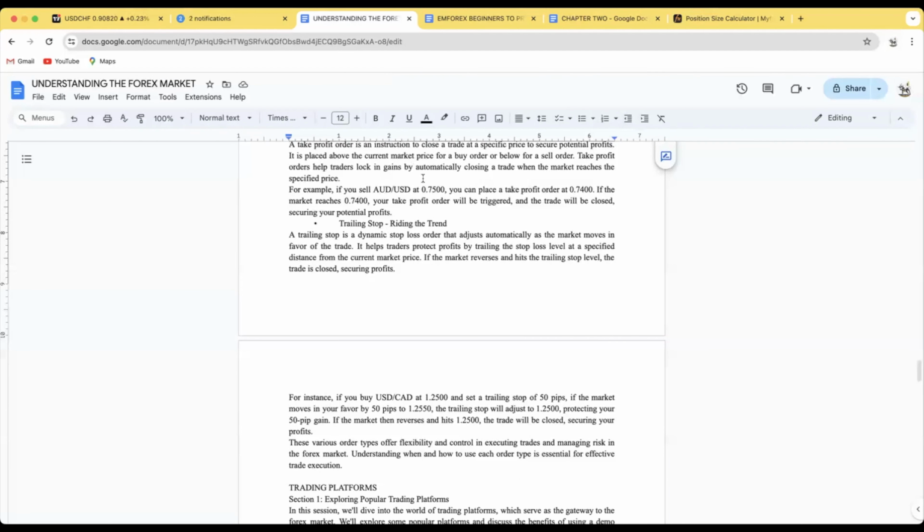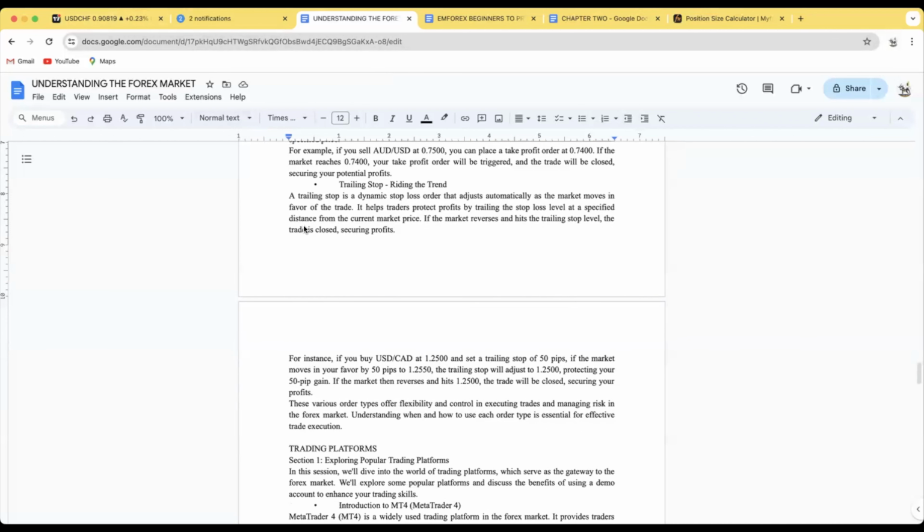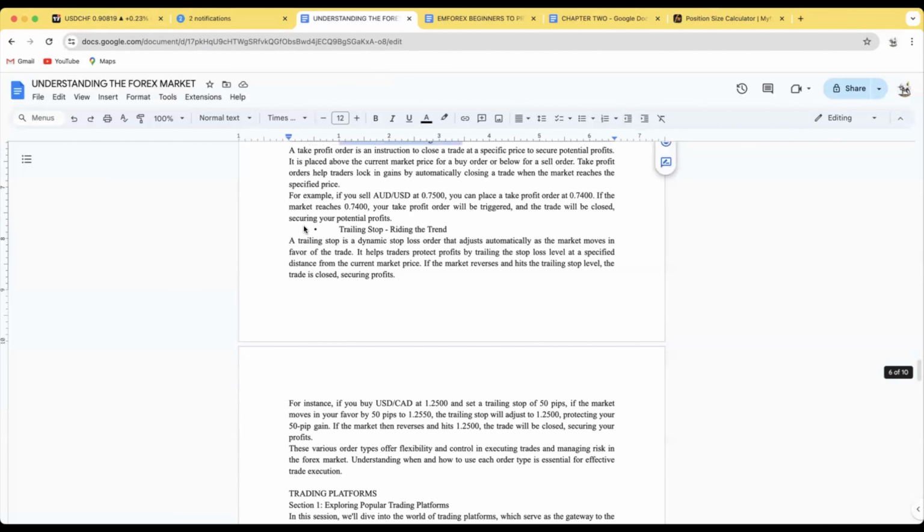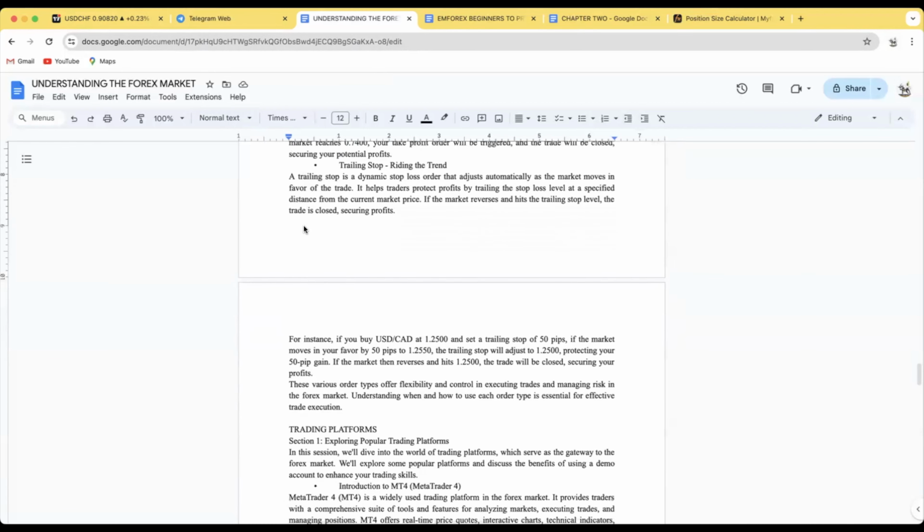Trail stopping is the same thing as breaking even. You can break even by moving your stop loss to your entry and even above. So these are good approaches you can use in collecting money from the market. This Forex market boils down to who can steal more in the market.